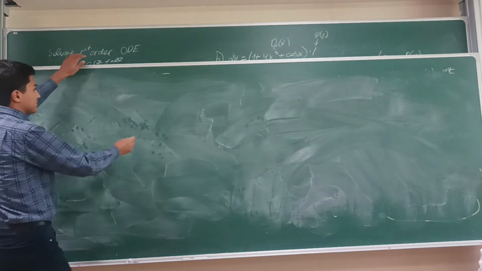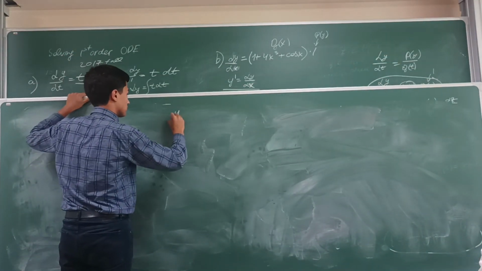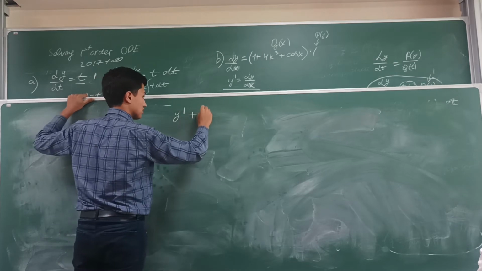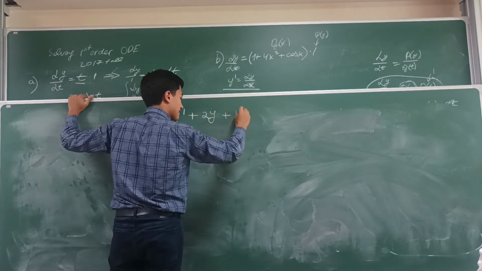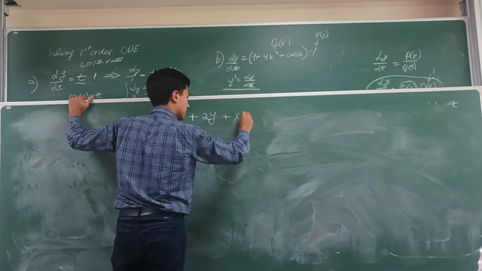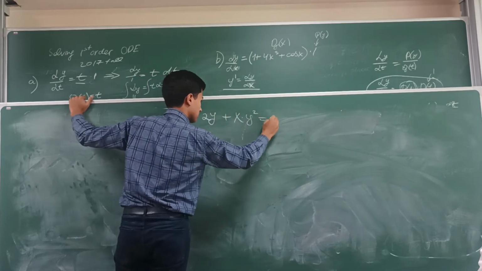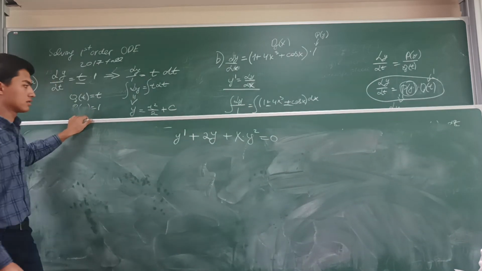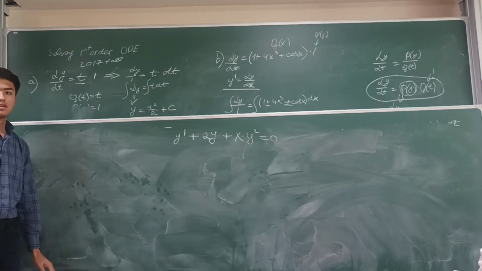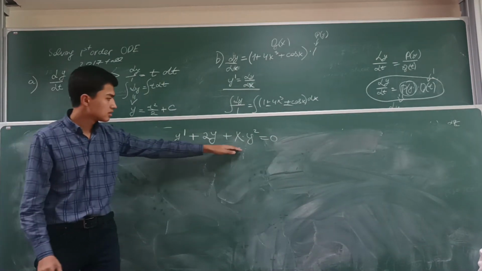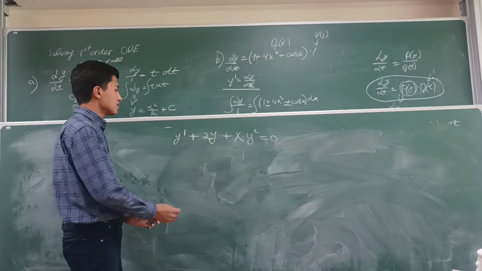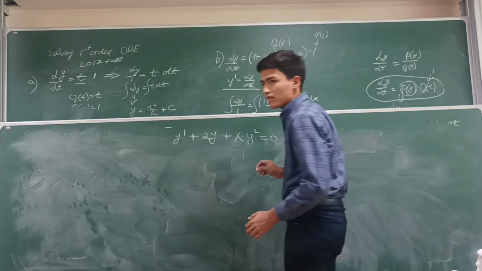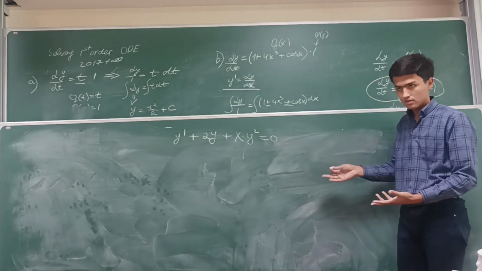For example, you have this plus 2 plus x, let's say, multiplied by u squared. It's not linear. Why is it not linear? Okay, so that means the power should be the same.